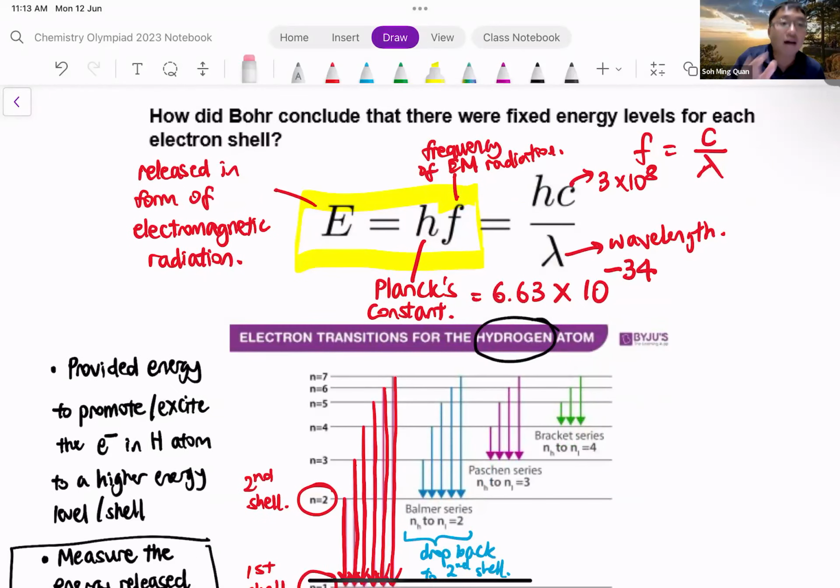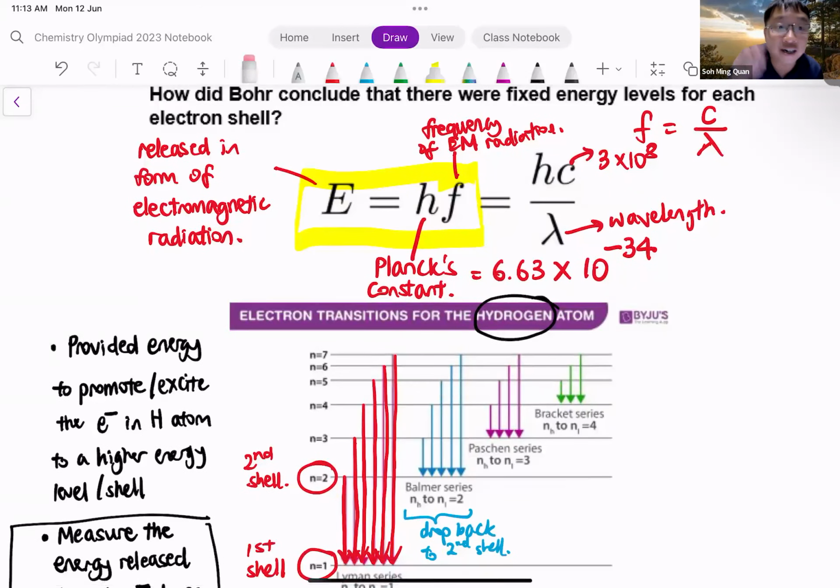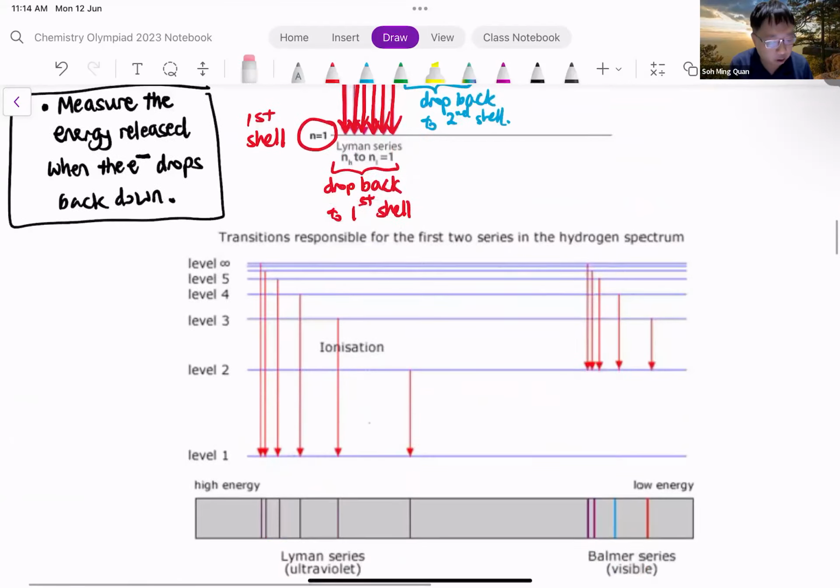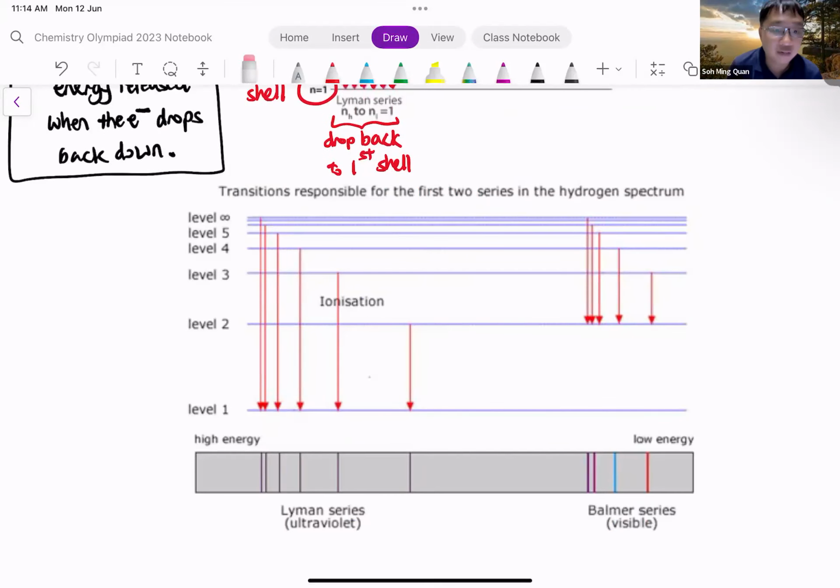We just said, right, when it drops down to the shells, there's a fixed amount of energy change. That means every single arrow here is an energy change. That means every single arrow over here has its own unique frequency, its own unique wavelength of radiation. So we can now represent it on a spectrum. And that's why this is called a line spectrum.